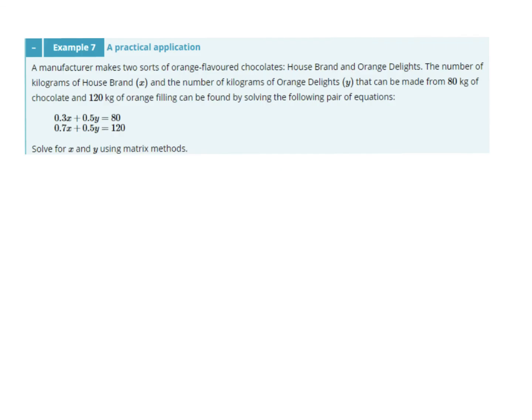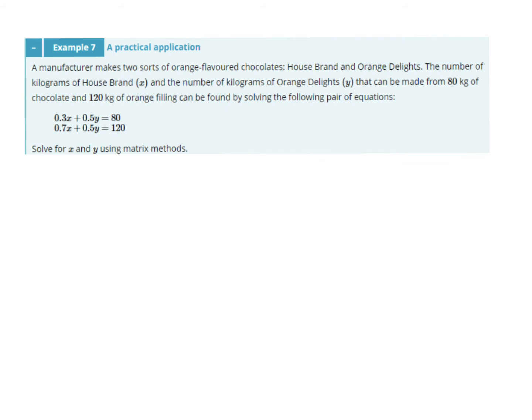Okay, a manufacturer makes 2 sorts of orange flavoured chocolates, House Brand and Orange Delights. The number of kilograms of House Brand, X, and the number of kilograms of Orange Delights, Y, that can be made from 80 kilograms of chocolate and 120 kilograms of orange filling can be found by solving the following pair of equations.